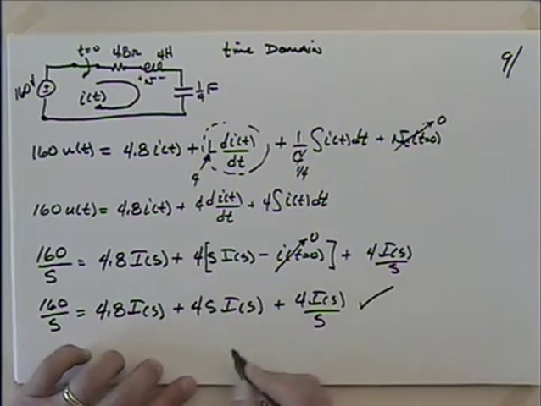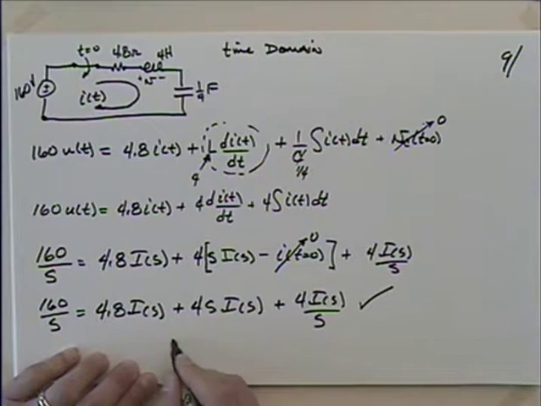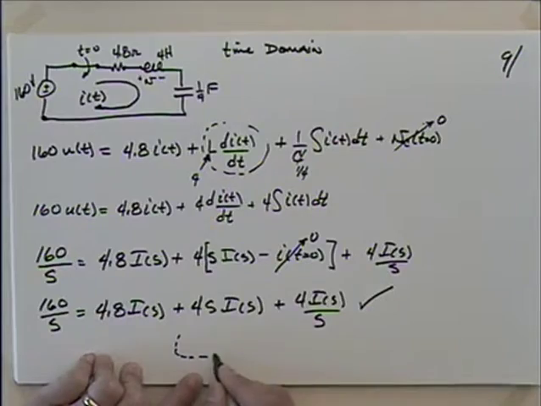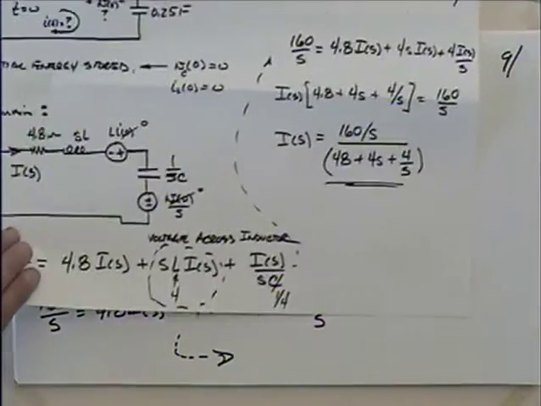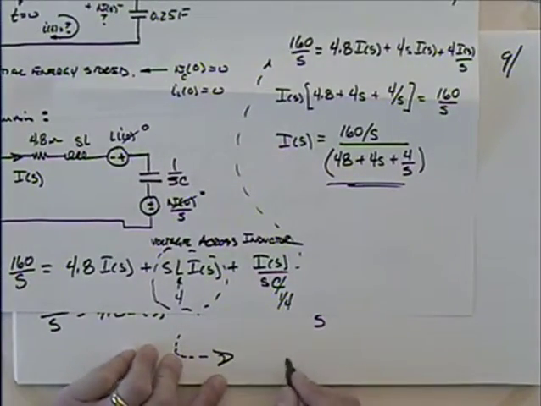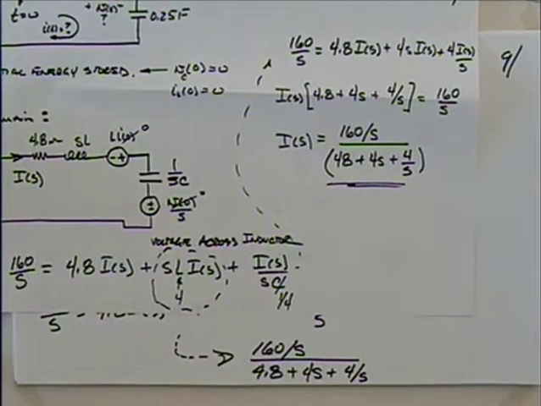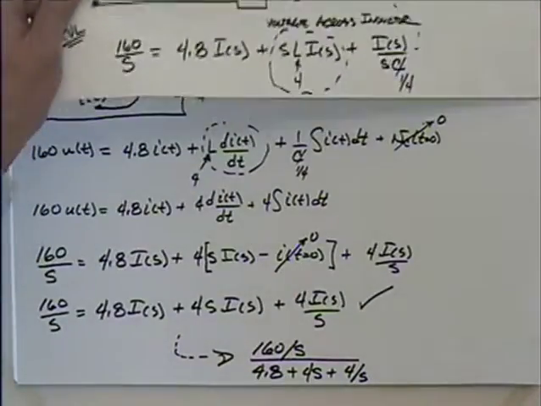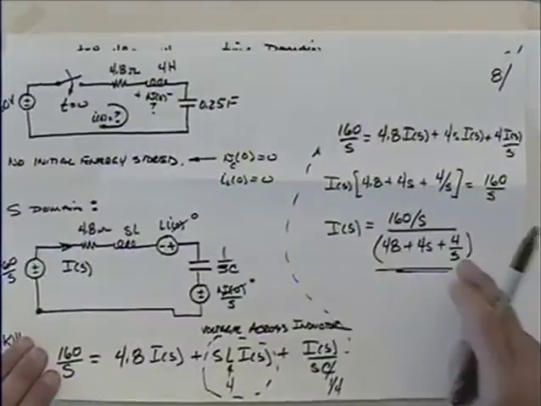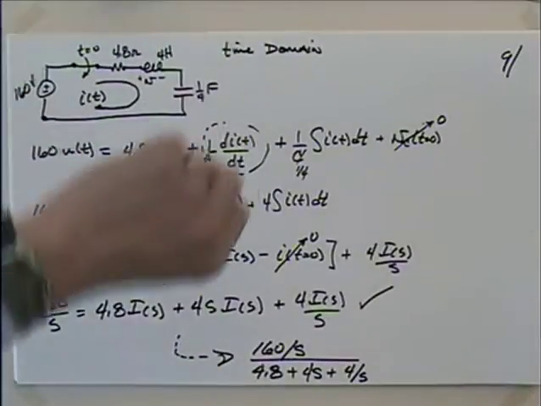We know that this then leads to, and I'm not going to go through this, 160 over s divided by 4.8 plus 4s plus 4 over s, right? So however you get that, we got that expression, right?